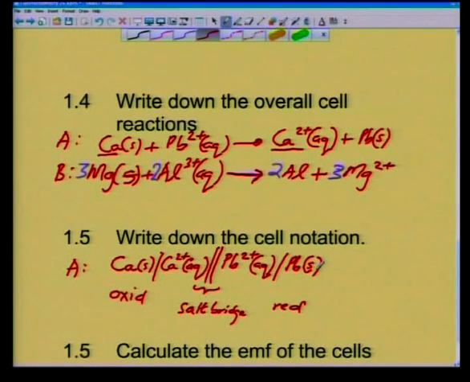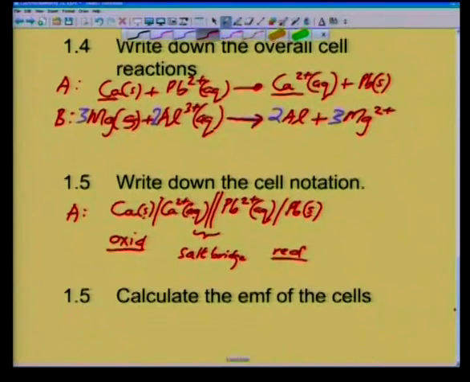Okay, so that is called the cell notation. Remember, you start with the oxidation side and end up with the reduction side. You show the state in which your substances are found, solid, aqueous. You show the charge if it's ions, and the double slash there for your salt bridge. Okay, now let's move on.